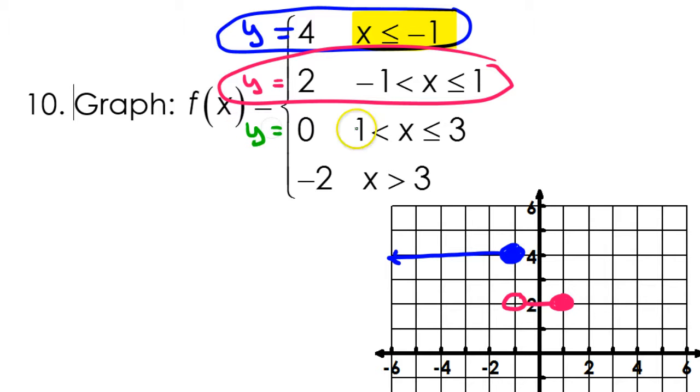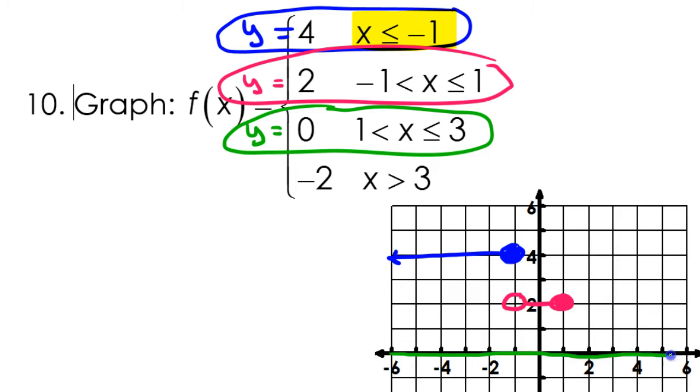All right, when you look at this, think y equals 0. Y equals 0 would be a horizontal line at 0 like this. But again, I'm not going to draw the whole line. I'm going to only include the part of this line that's between 1 and 3.